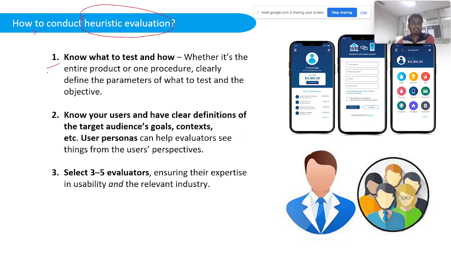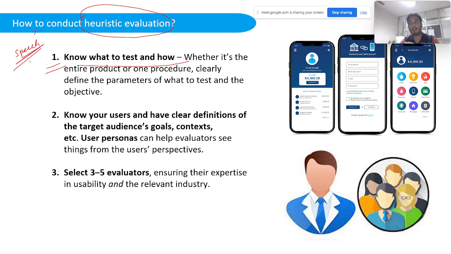The very first task is to know what to test and how, because different systems may require different approaches. For example, a speech based system may need experts to evaluate the dialogue management, probably the heuristic which they use to check, for example, error prevention.